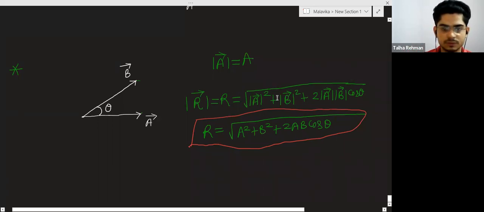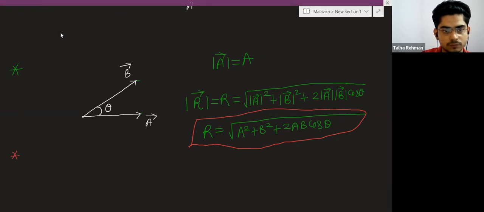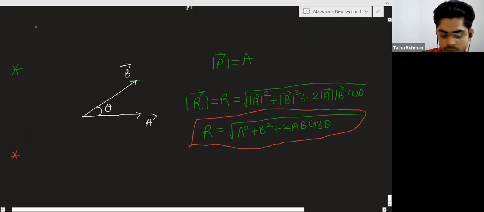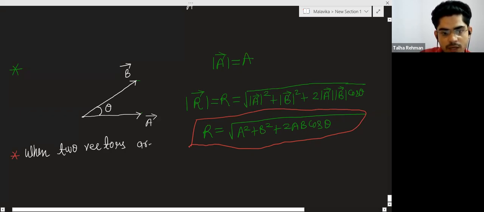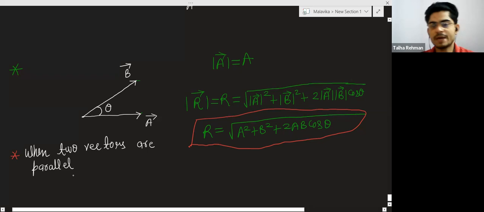Okay, so when two vectors are parallel, parallel means the angle between the vectors is 0 degree.